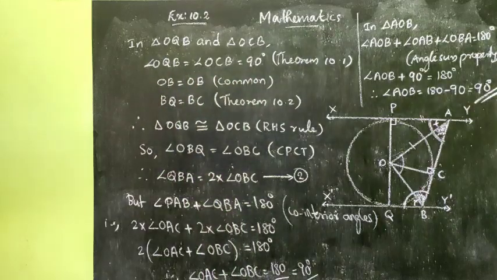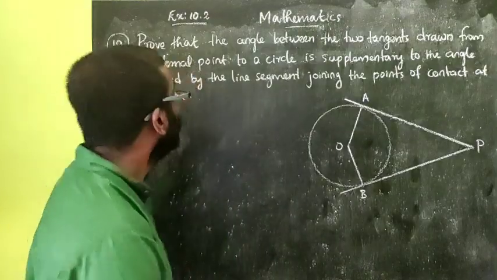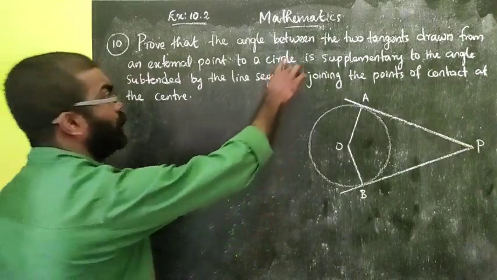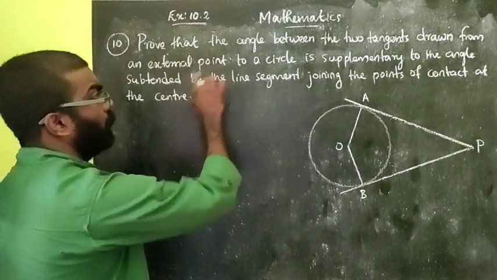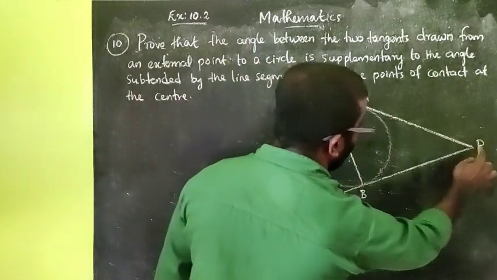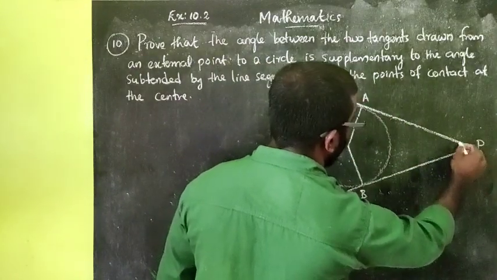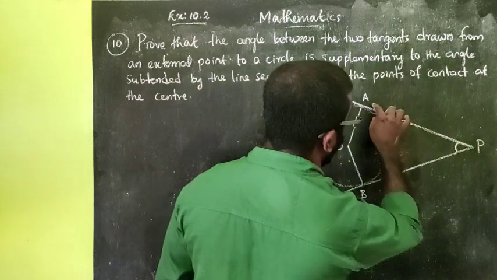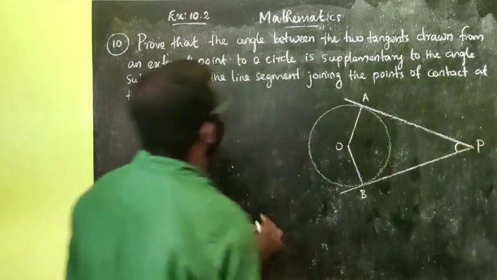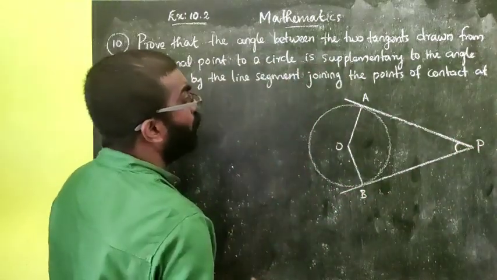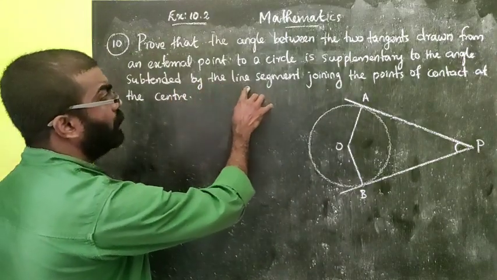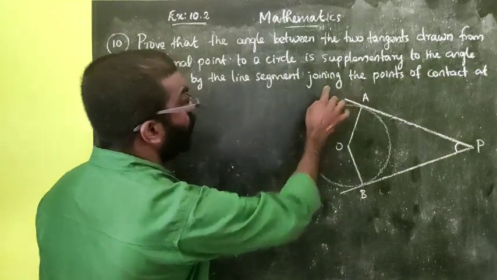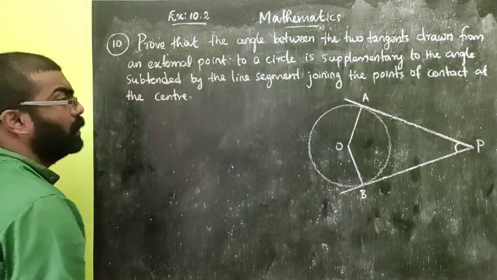Here the next question is, prove that the angle between the two tangents drawn from an external point to a circle, angle between these two tangents, that is here, angle APB, is supplementary to the angle subtended by the line segment joining the point of contact at the center.